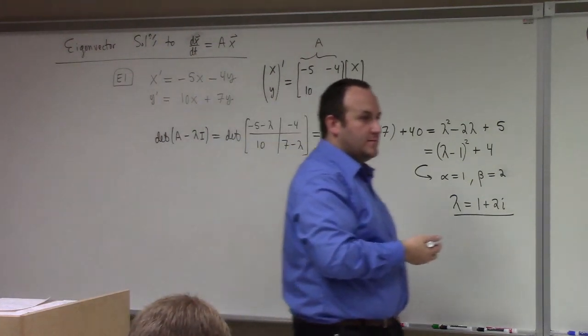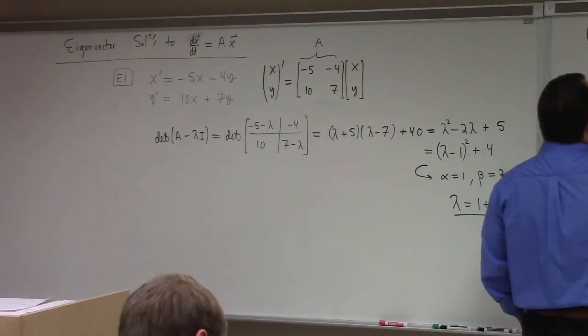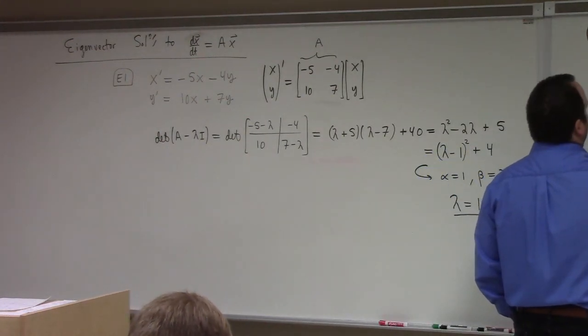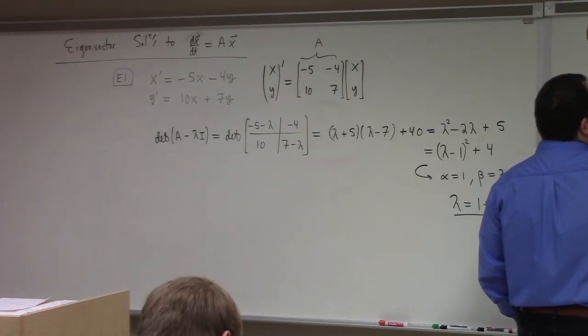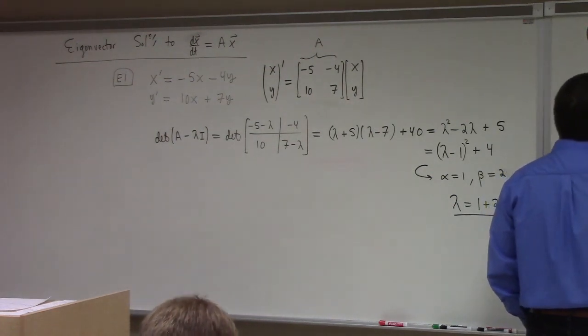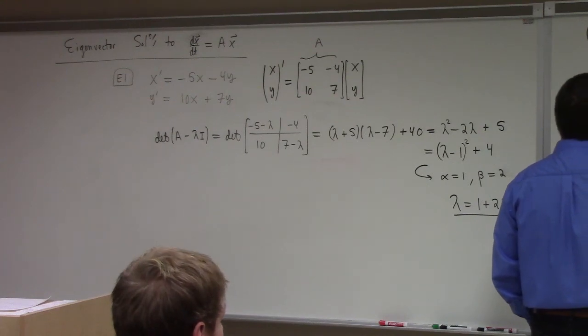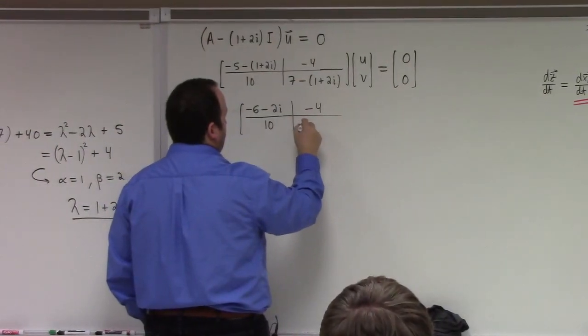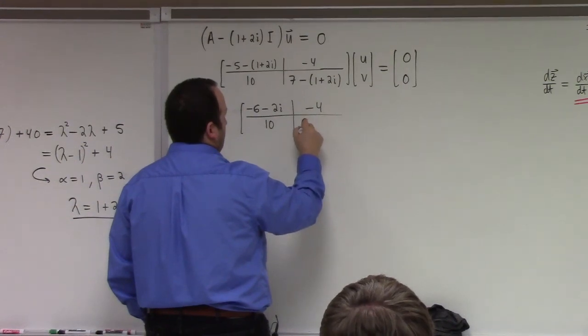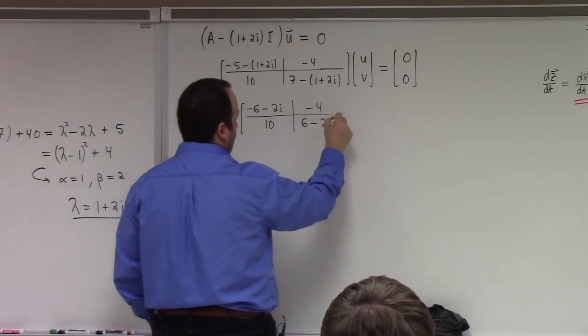Let's clean it up. This is what? We got minus 6 minus 2i, minus 4, 10, and down here we got 6 minus 2i.